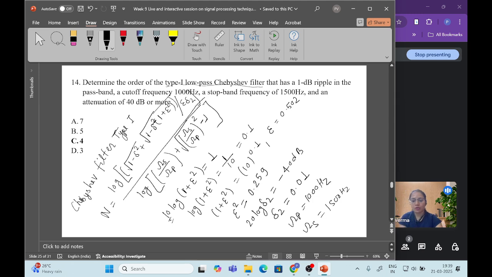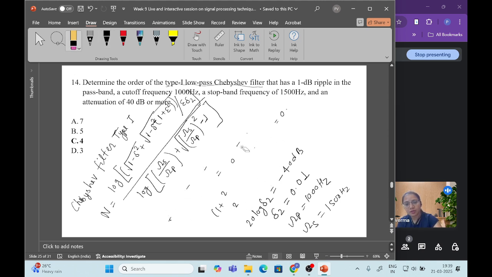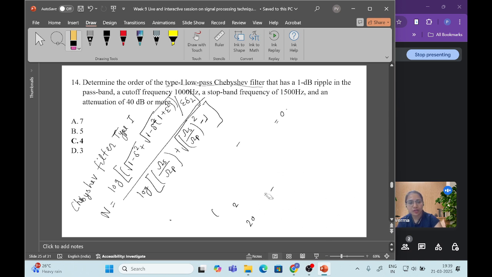Now put all these values in this equation. I am putting all those values, then calculating using the calculator.